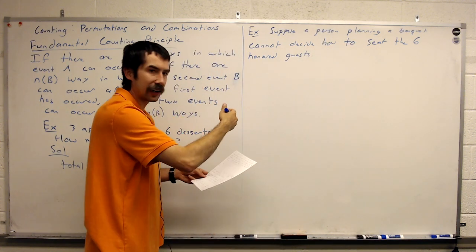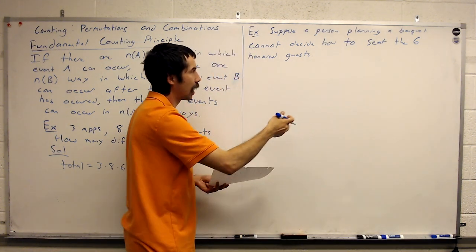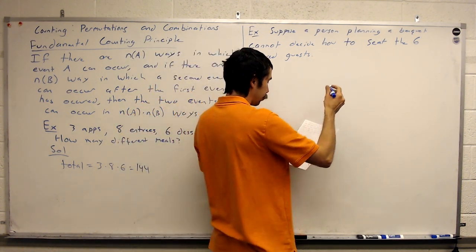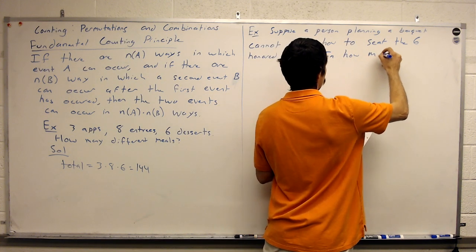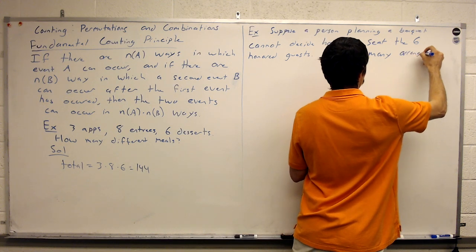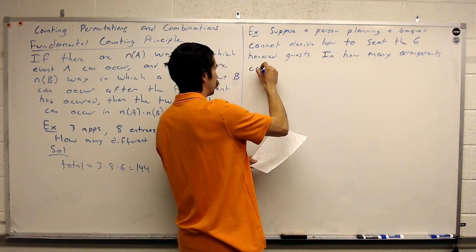Okay, they're going to be seated in a row. So there's going to be 6 chairs. They have to decide how to seat these 6 guests. In how many arrangements can they be seated?